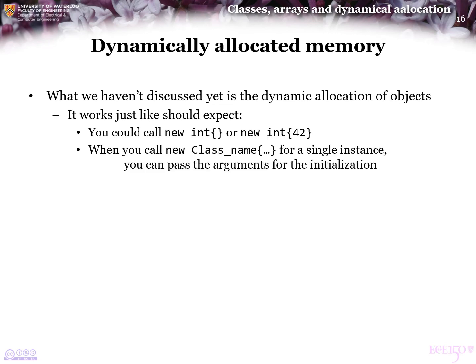It works the same way with a class. If you call new class name with values for initialization within the braces, you are creating a single instance of this class. And what will happen is the compiler will schedule a call to the constructor with whatever you passed for initialization as arguments.